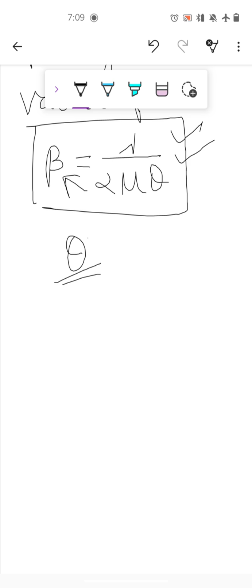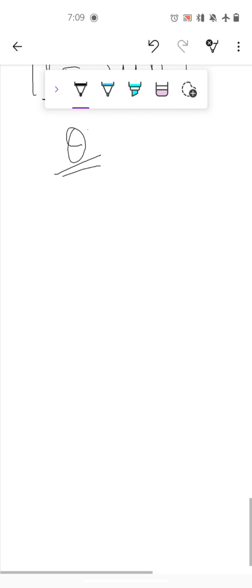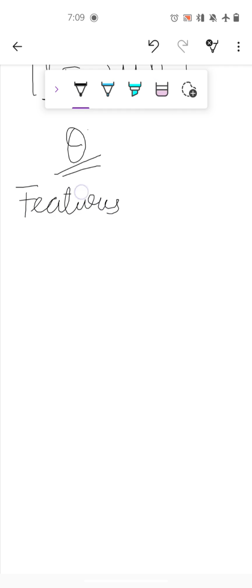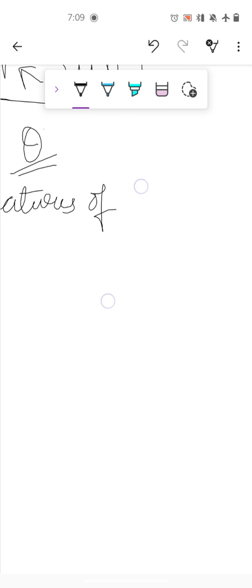Okay, so now we see the properties or features of the interference pattern.